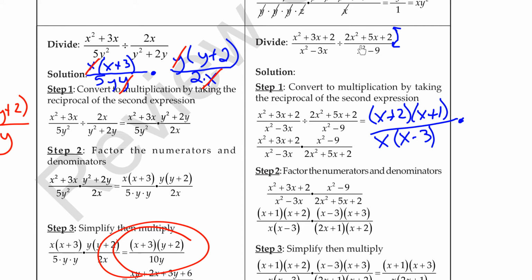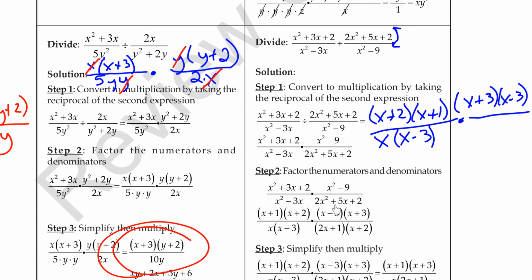So I'm actually going to do the denominator first. This is the difference of squares, but I'm going to write them in the numerator. So those factors are x plus 3 times x minus 3 over the factors of 2x squared plus 5x plus 2 are going to go down here.